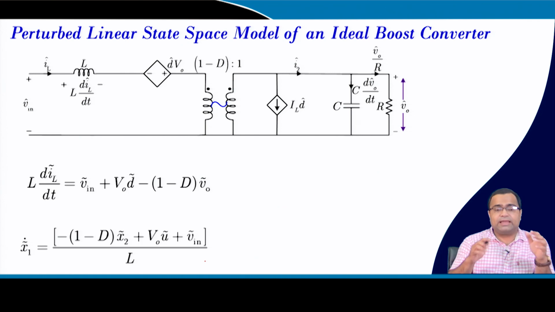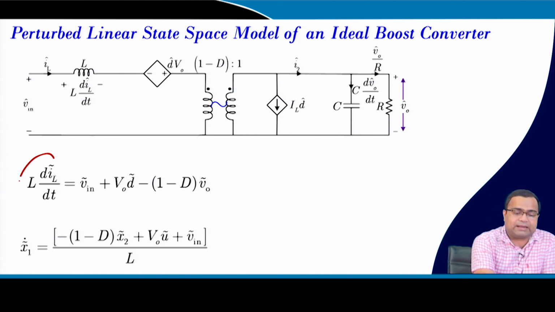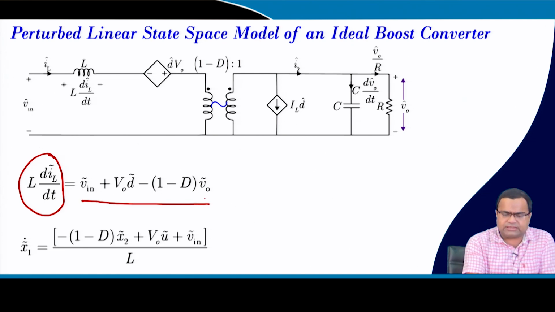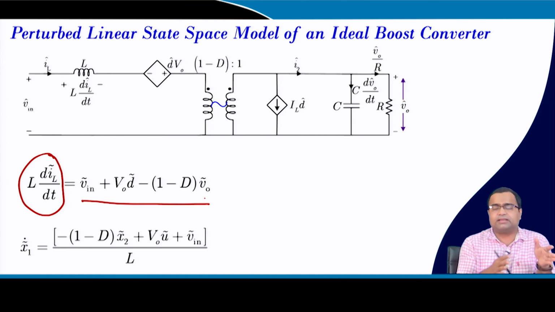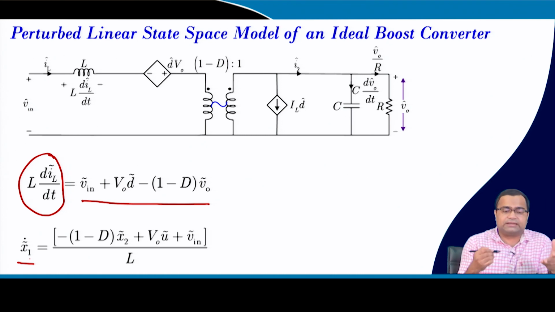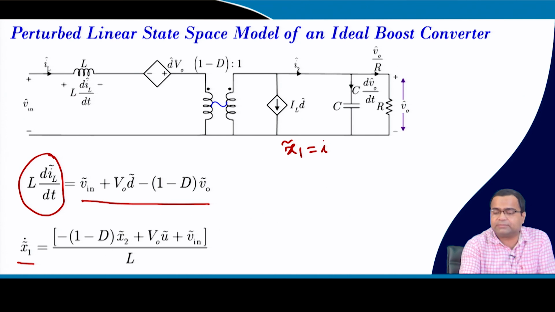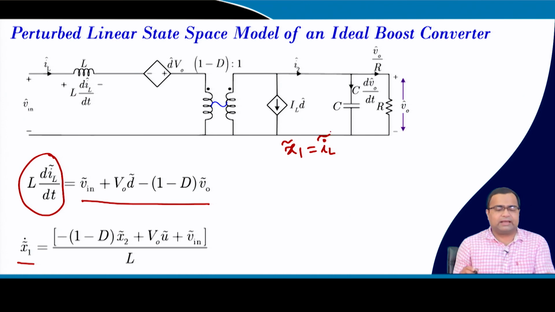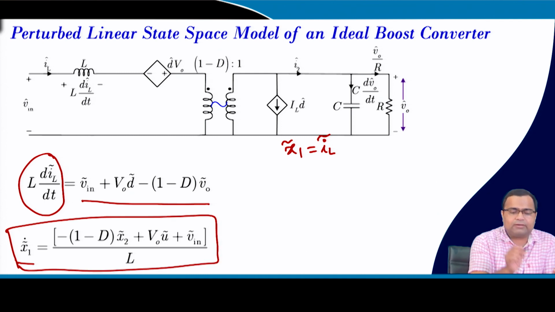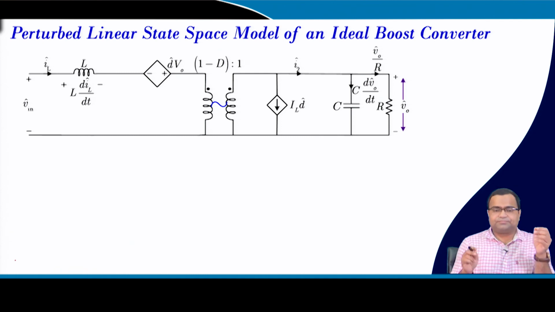So, if we write the dynamics equation of the inductor current, then this is a well known equation, this we have referred to earlier in the AC equivalent circuit. So, if we write in terms of state space form x1 dot, which is nothing but dIL dt, because we have taken x1 tilde as the inductor current tilde, then we can obtain this model of the boost converter inductor dynamics.